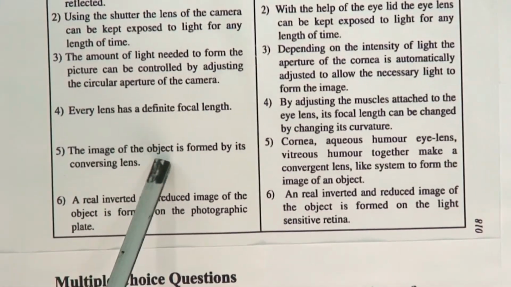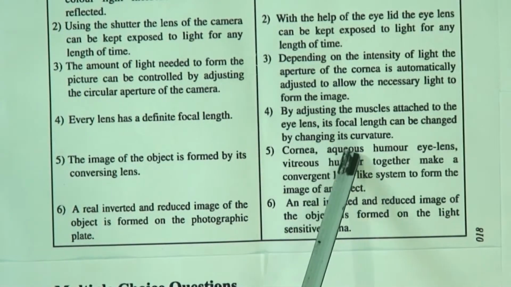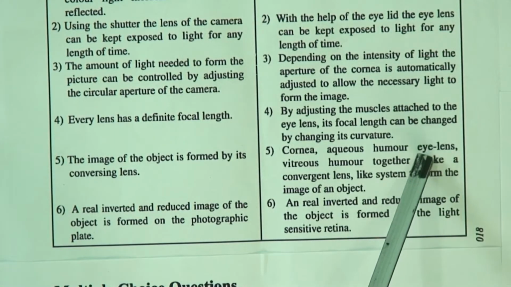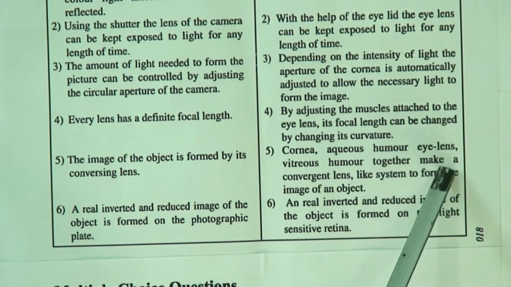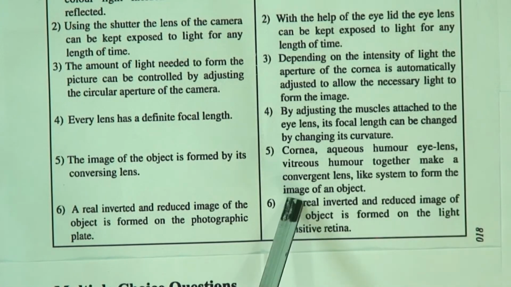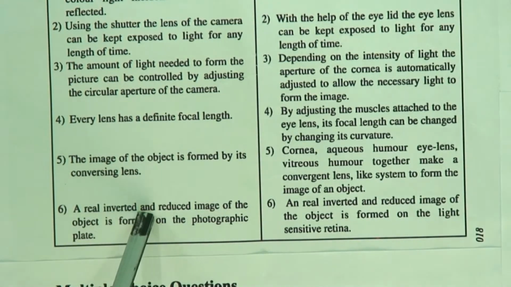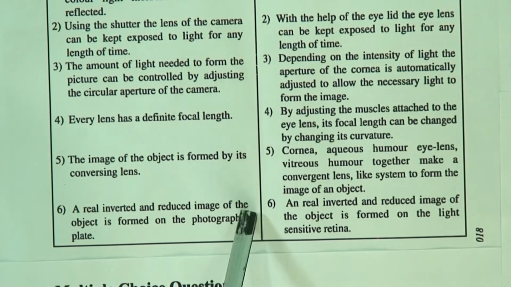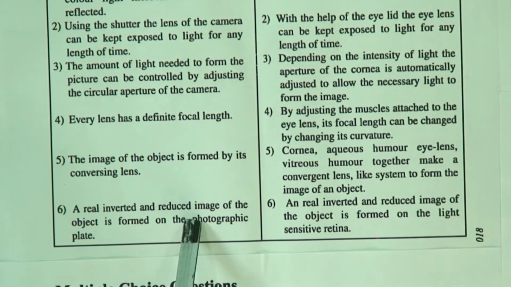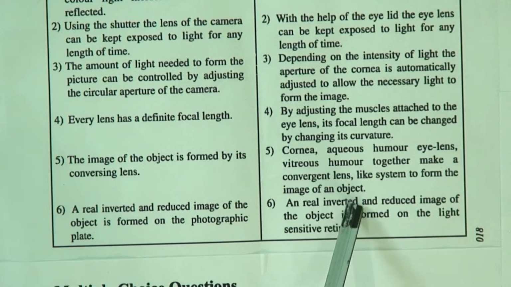Fifth one, the image of the object is formed by a converging lens. Cornea, aqueous humour, eye lens, and vitreous humour together make a convergent lens-like system to form the image of an object. Last one, a real inverted and reduced image of the object is formed on a photographic plate. And a real inverted and reduced image of the object is formed on a light sensitive retina.